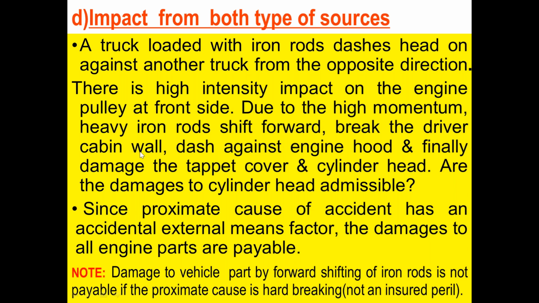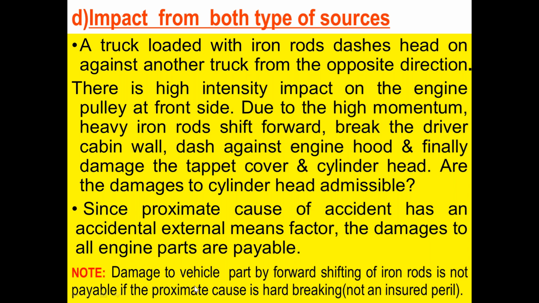You see, the composite cabins were weak and could be broken by the heavy iron rods. They dash against the engine hood and finally damage the tappet cover and cylinder head. Are the damages to cylinder head admissible? Since the proximate cause of accident has an accidental external means factor, the damages to all engine parts are payable.